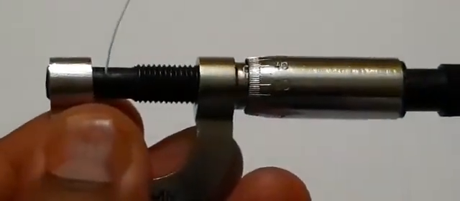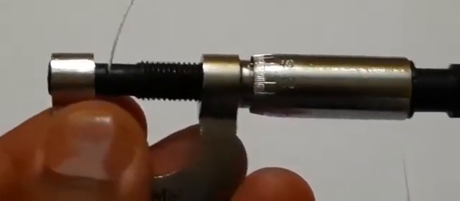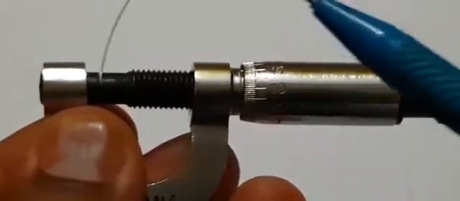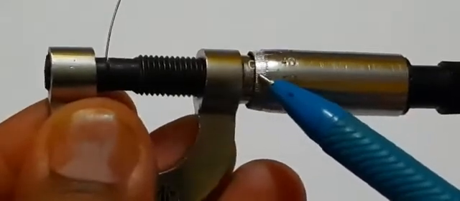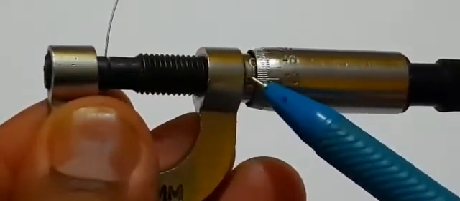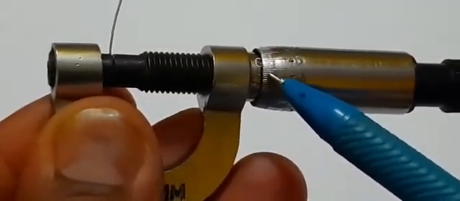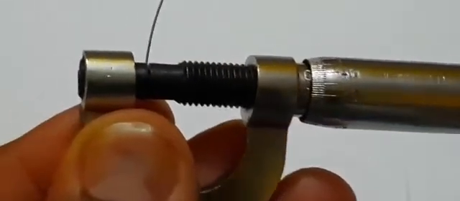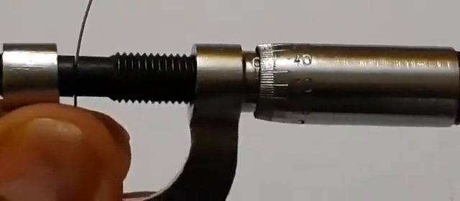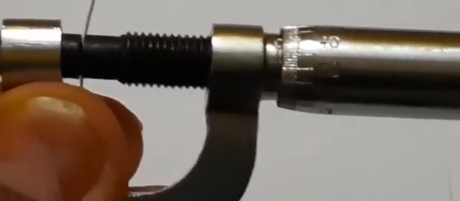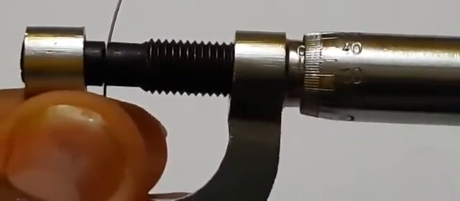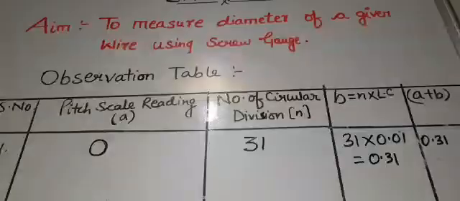Now, once again, we will note down the linear scale reading. As you can see here clearly, the linear scale reading is 0 and the circular scale division is 32.